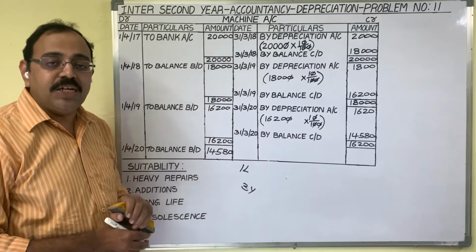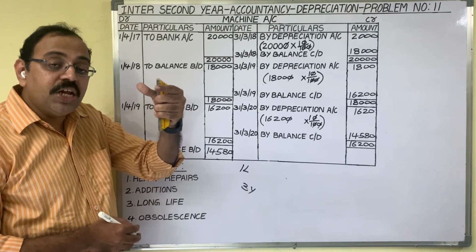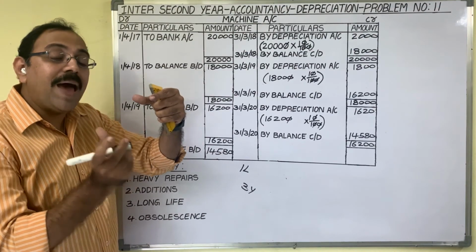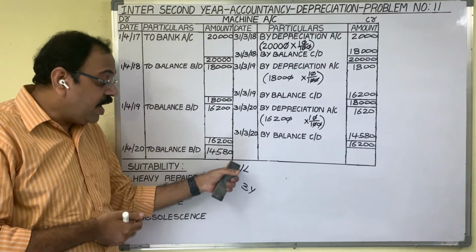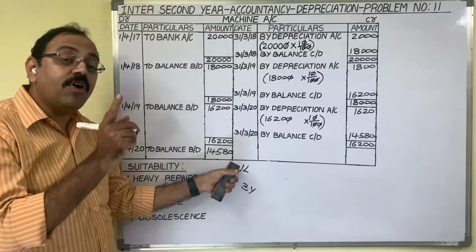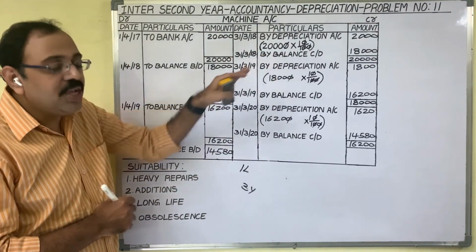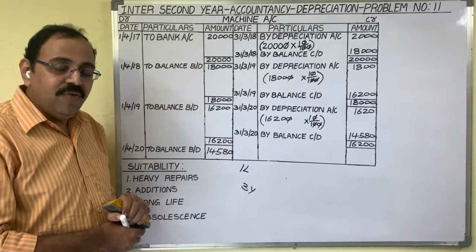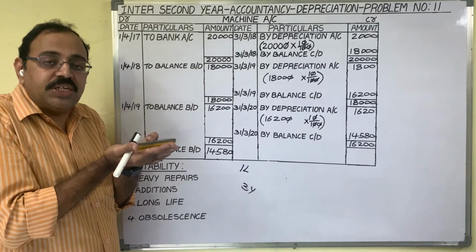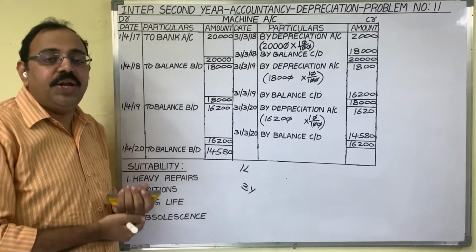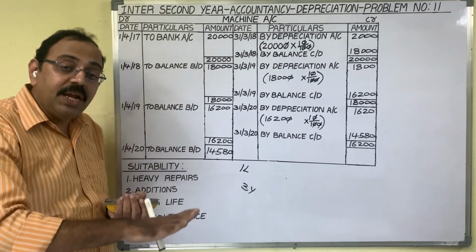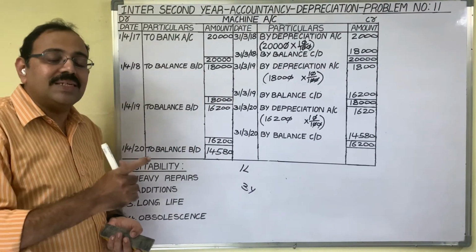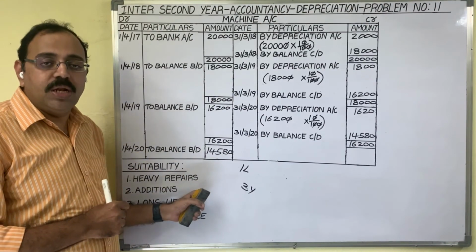And in the diminishing balance method, the earlier depreciation amount should be more than the later years' depreciation, no? Means the maximum amount of this 1 lakh rupees is to be provided as depreciation in the starting years only. Then it affects the starting years' profitability. When you show more amount towards depreciation, that year's profit will get reduced, which gives a negative impression on the firm's performance. So for short life assets, this method is not suitable.